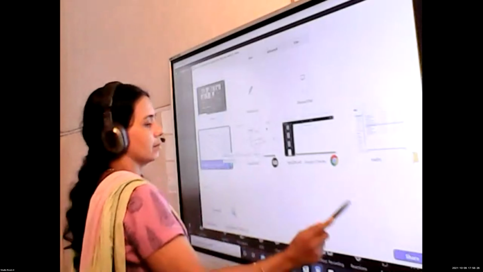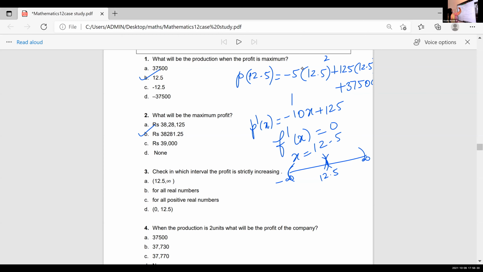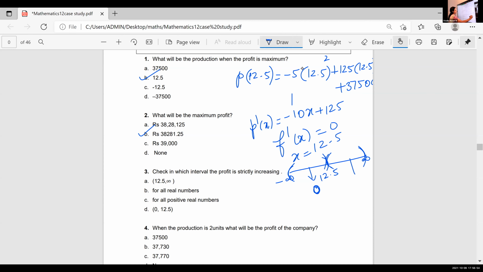So if you take 0 here, f dash of x is positive, so it is increasing in the interval. But if I take 12.5 to infinity, if I take 20, the value will be negative.